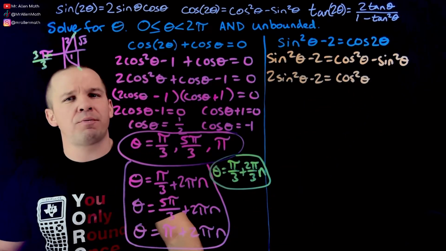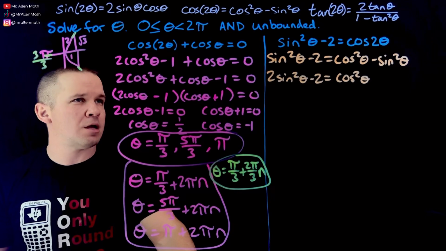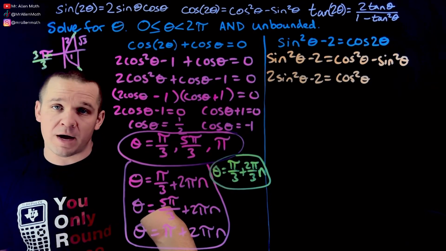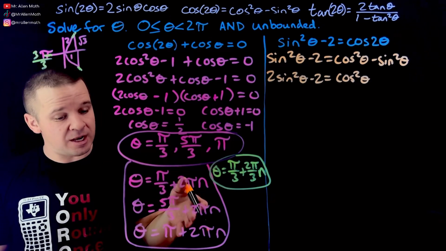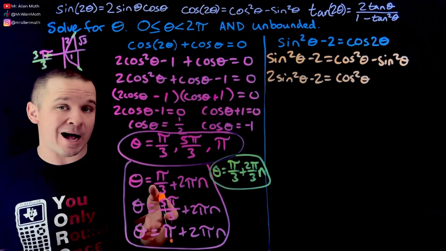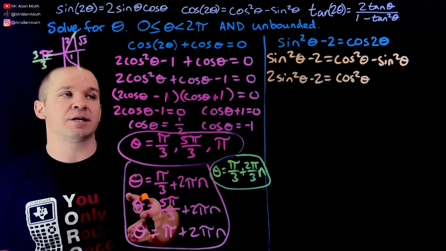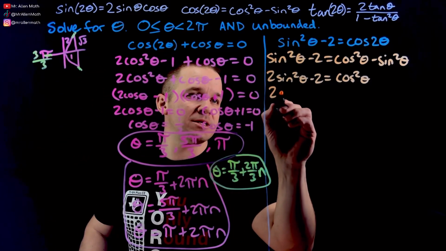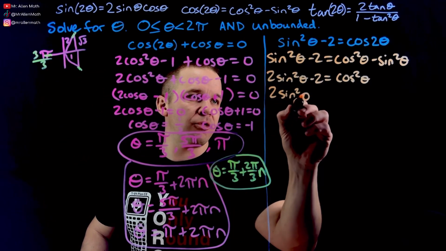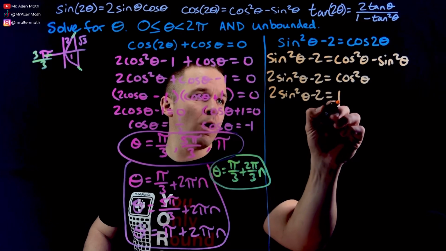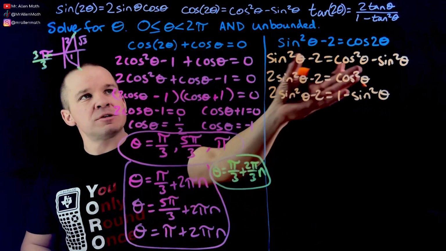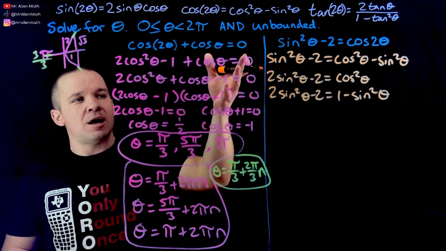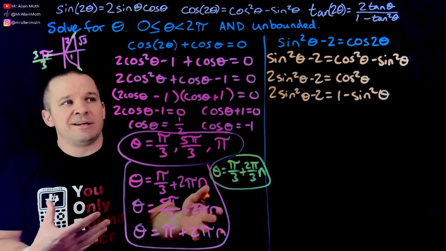Could I replace that cosine squared theta with, say, 1 minus sine squared theta? Because cosine squared theta plus sine squared theta equals 1, and if I subtract that sine squared, I'm left with cosine squared. So yes, I can. So we got 2 sine squared theta minus 2 equals 1 minus sine squared theta. So I've used my double angle formula and then my Pythagorean identities, which I need to know anyways.